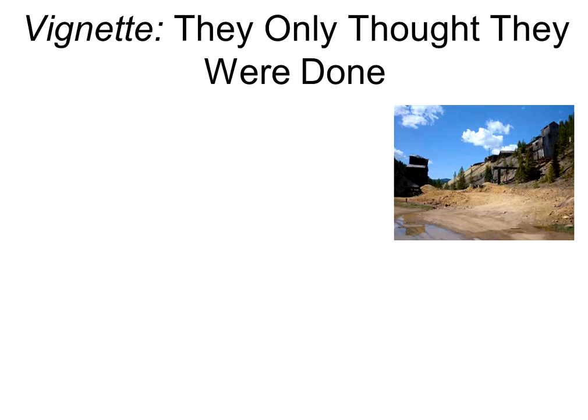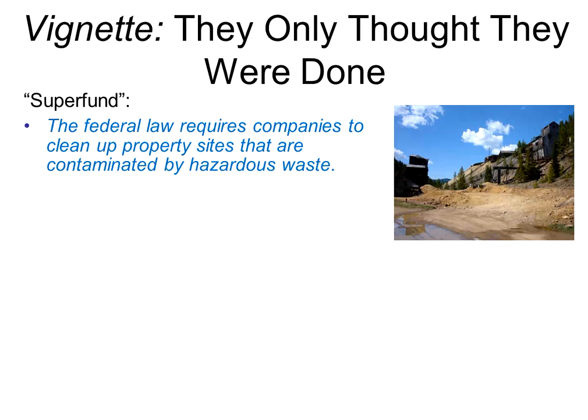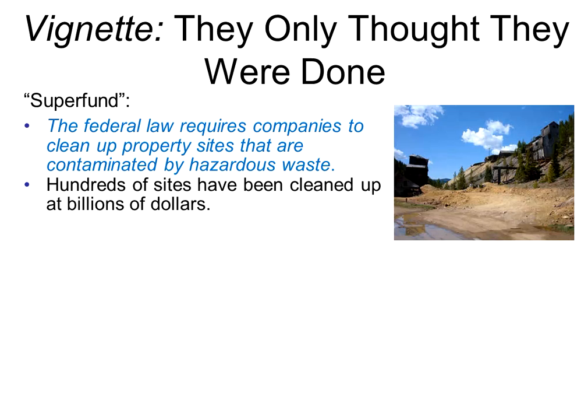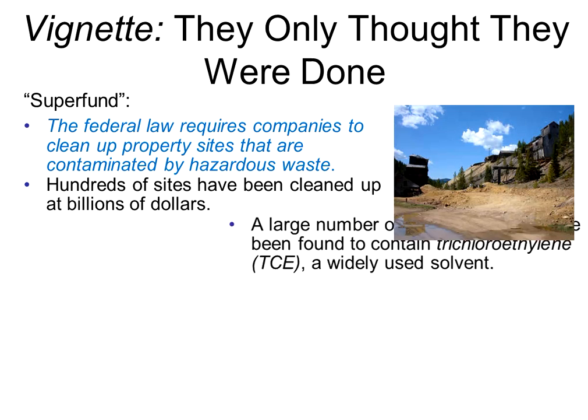So let's discuss this interesting example. They only thought they were done. Superfund. The federal law requires companies to clean up property sites that are contaminated by hazardous waste. Hundreds of sites have been cleaned up at billions of dollars.